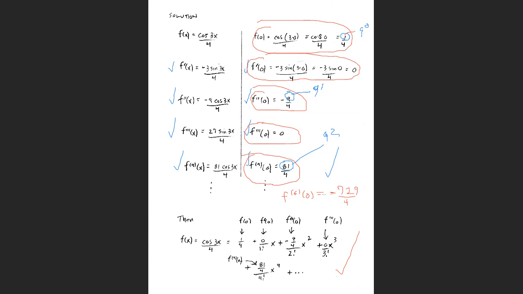And 729 would be the same as 9 to the 3rd power. Once you detect the pattern, you can figure out the coefficients. Are there any questions before I move to the next page?